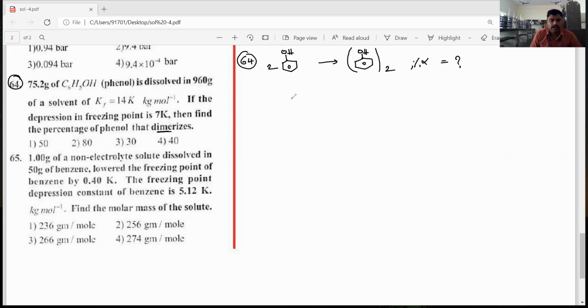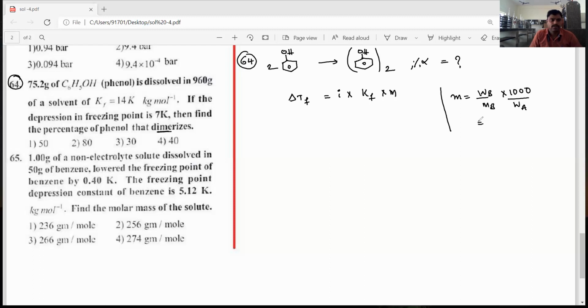The formula for depression of freezing point: delta TF is equal to i into KF into molality. First we have to find i, later alpha. Separately we have to find molality. Molality is weight by gram molecular weight of solute into 1000 by weight of solvent.